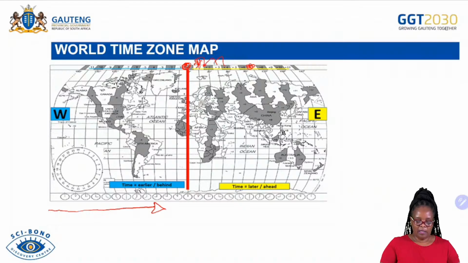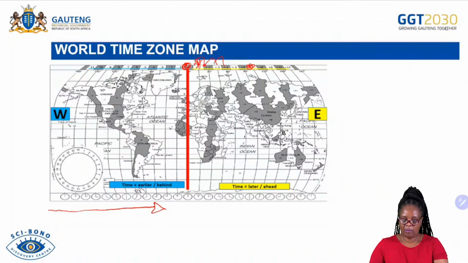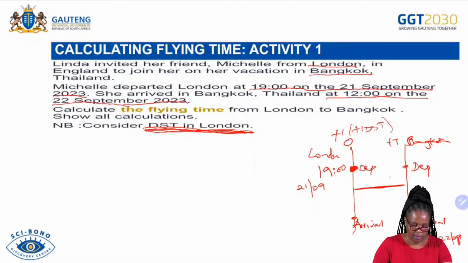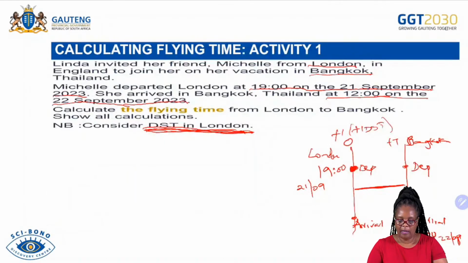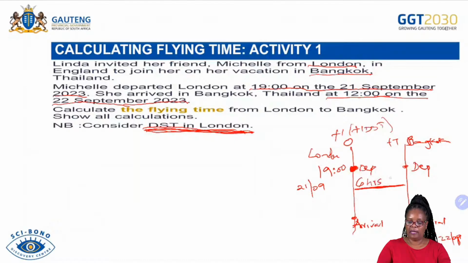So there are 6 hours time difference between London and Bangkok. Where would we write it? You write it here. There are 6 hours time difference between London and Bangkok. What is the next step? Our next step, we have to look at what?